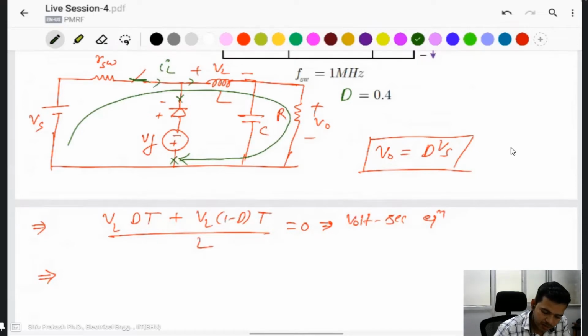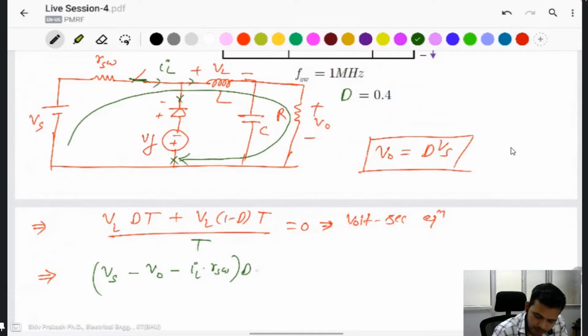Using KVL in this condition, you find VL is equal to Vs minus V naught, minus IL into RSW, with this resistance present here, into d. Then plus VL when the switch is off.